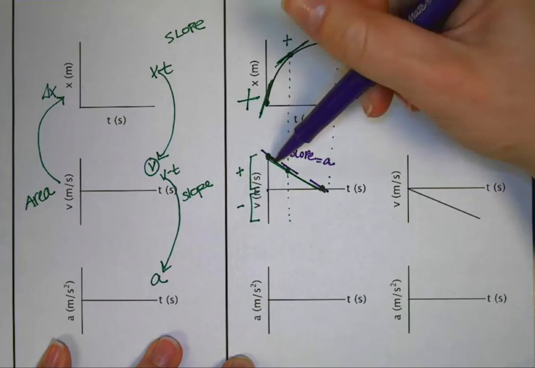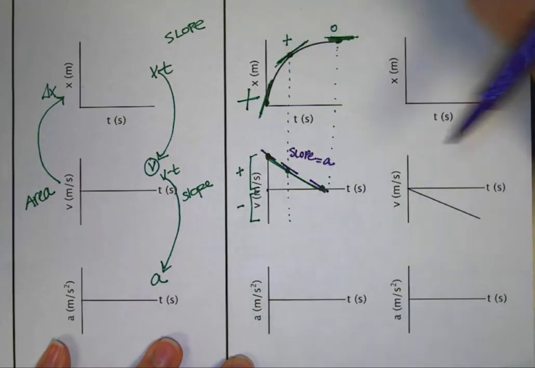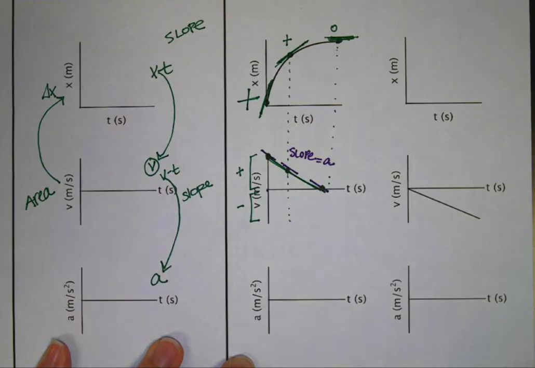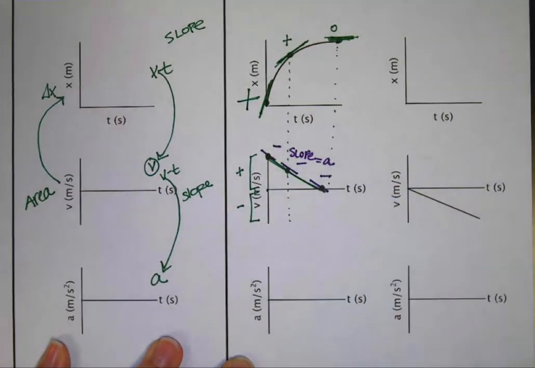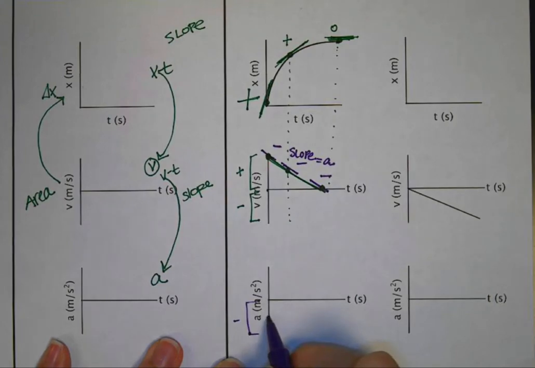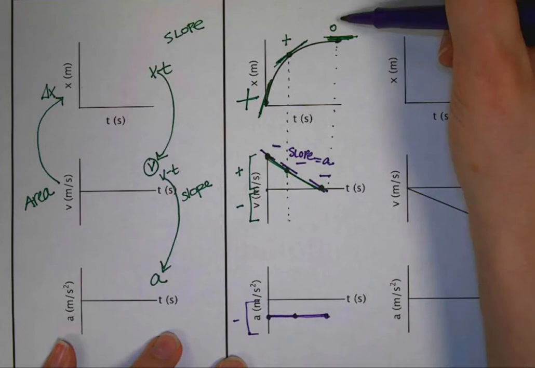Notice it's a constant slope, and for the whole time, it is a negative slope. So negative, same size, negative, same size, negative, same size. On the acceleration time graph below, there's the negative portion. So you can pick whatever magnitude we're looking at as long as it's negative. And this would be the acceleration time graph for this scenario.